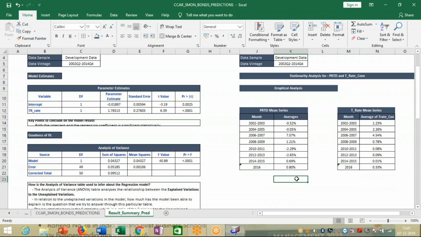So is this explanation clear to you? Now, why didn't I go directly to the PROC ARIMA function, and why am I going via the graphical analysis approach? Is this part clear to you? Because you would not have been able to identify this through the ADF.